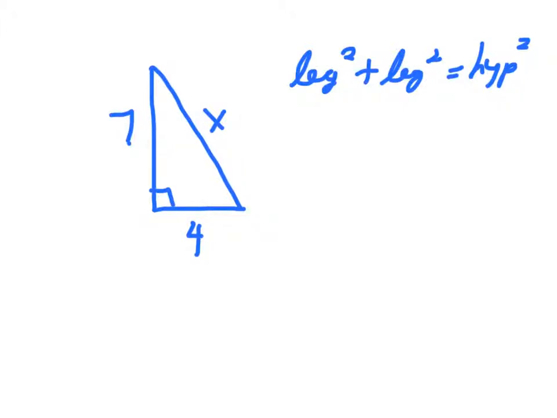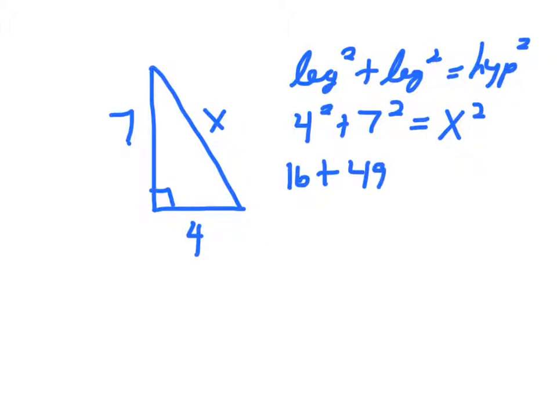And so that means if I take 4 squared plus 7 squared, I'm going to get this x squared, which I don't know yet. So that's going to be 16 plus 49 equals x squared. And so that would be 65 is x squared.